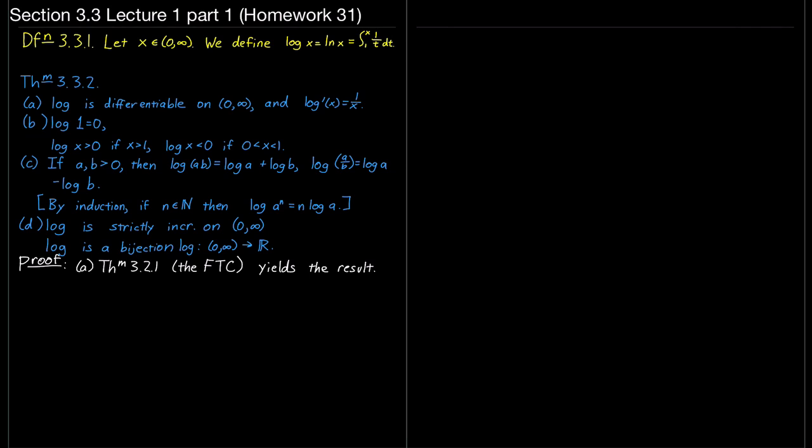Then part B, I'm going to write down that log 1, that's the integral from 1 to 1 of 1 over t dt, is 0 by definition. And we could try to prove the greater than and the less than conditions, but I think I'll wait and prove that in part after we've proven part D. Once we've established that the logarithm is strictly increasing, the rest of part B will follow.